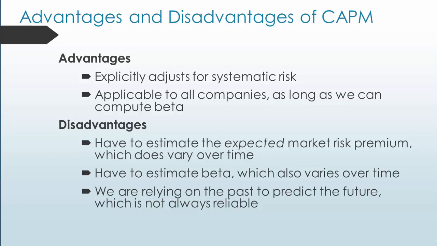This is applicable to the times that we are in right now with the whole COVID situation, where riskiness of companies is massively different. There are companies that are at risk now that were never at risk before. And we're relying on the past to predict the future. Not always the best thing to do.